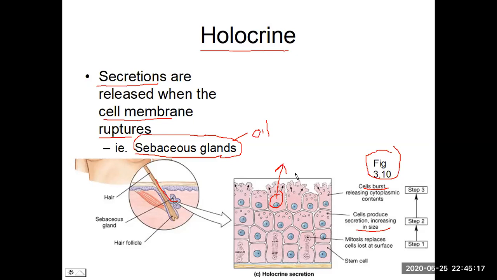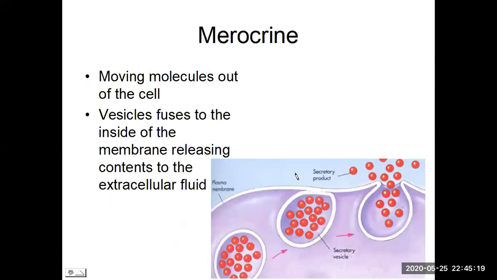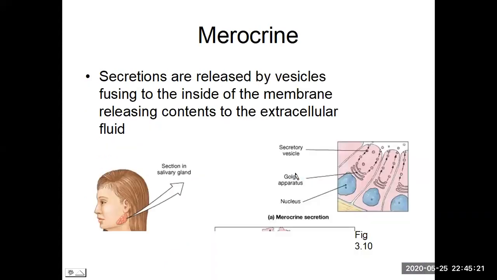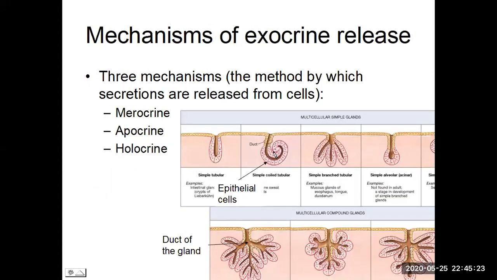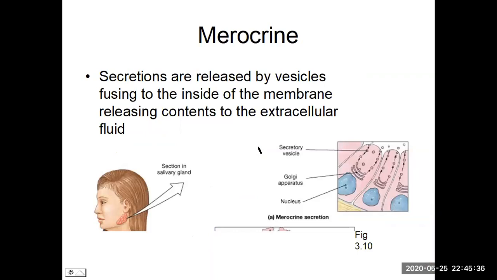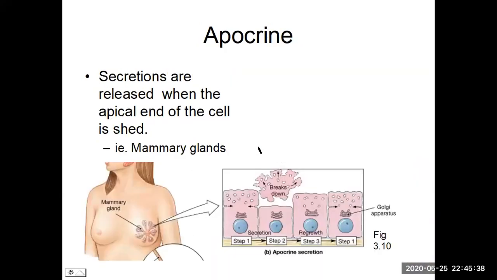So we have developed three different mechanisms, but again, they all have the same goal of releasing the contents from the cells to get the contents into the pores. And that's where we'll finish with this first tissue category of epithelial tissues.